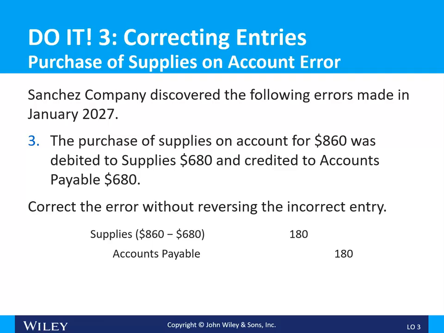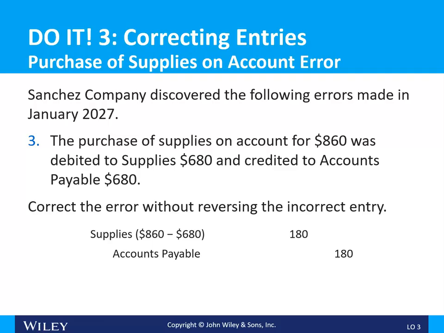So we used the right accounts, the wrong amounts, we just find the difference and put it in there. If this example was reversed, so the amount was 680 and we booked 860, we would do a similar analysis, but the entry would look different because we would have booked too much debit in supplies, too much credit in accounts payable.